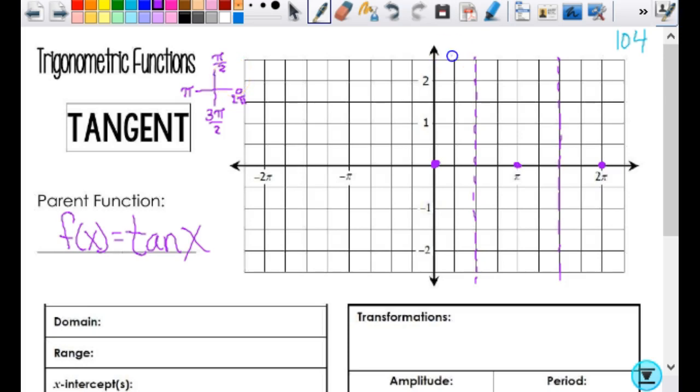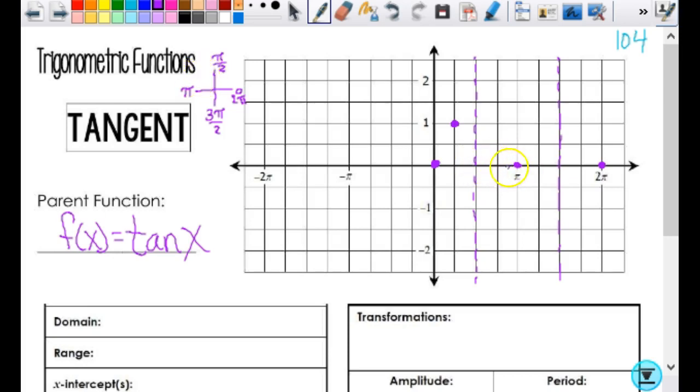1. So at pi fourths, right here, I'm up here at 1. So this is pi fourths, right? This is 2 pi fourths, and then this is 3 pi fourths. So what's the tangent of 3 pi fourths? -1.